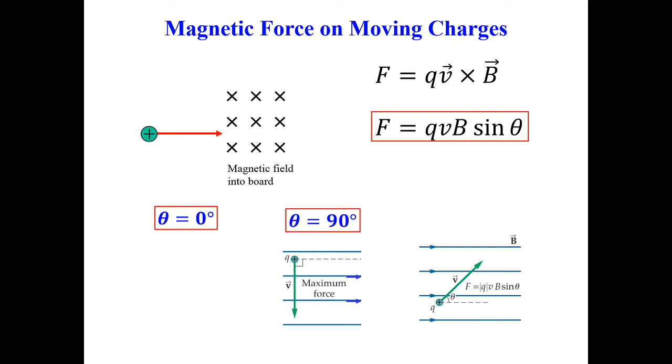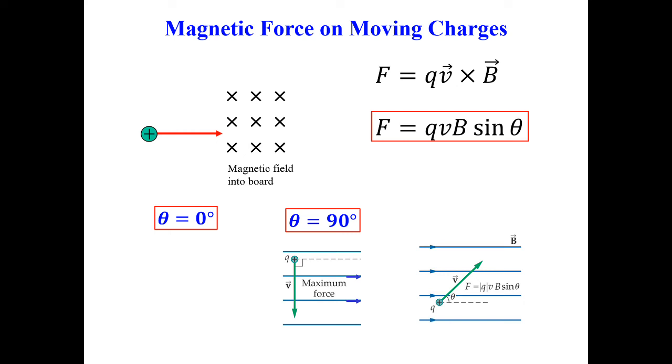If the angle is 90 degrees, then the sine is 1, so the magnetic force reaches a maximum. If the angle is something else, well, then we multiply the charge times the velocity times the magnetic field strength, and then multiply that times the sine of theta, where theta is the angle between that velocity vector of the charge and the magnetic field.